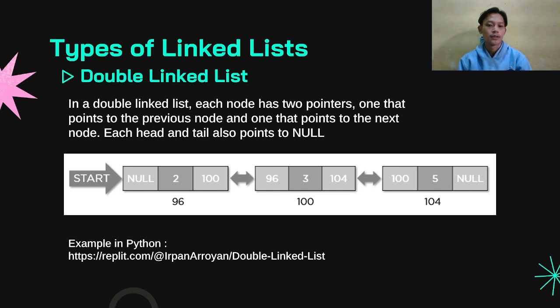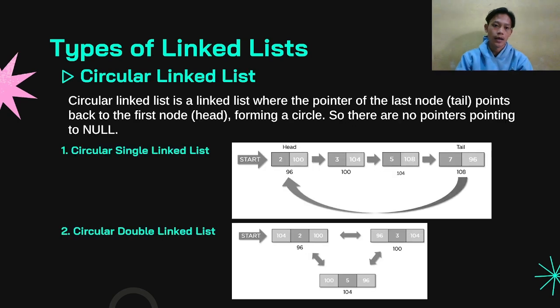So, for example, this is the first and last, both null. I have an example in Python, in Replit.